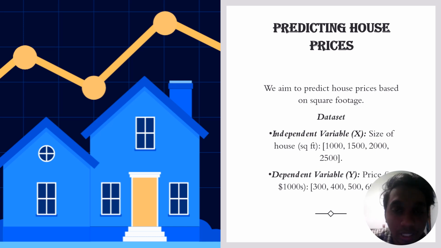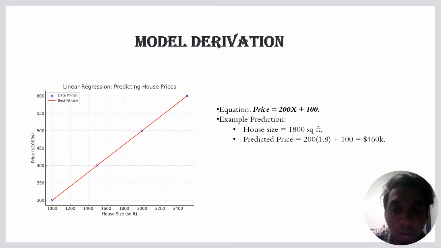Then we get the equation price = 200x + 100, where we predict a house of 1800 square feet will cost $460,000. This graph shows the scatter plot which we used to predict the house prices.